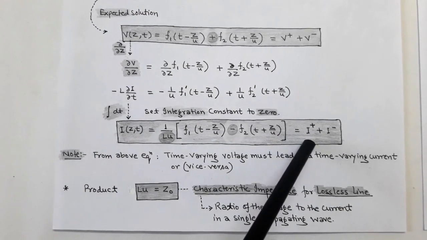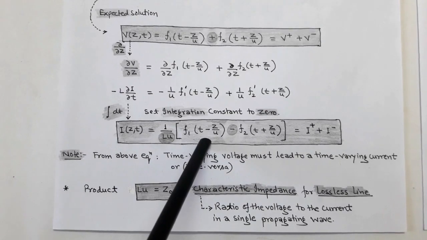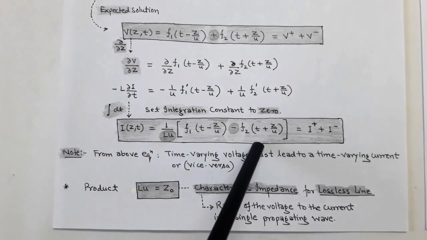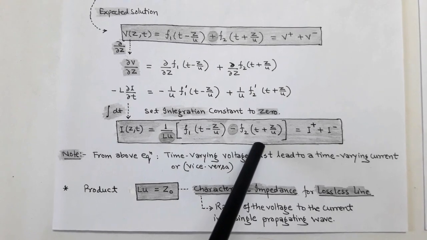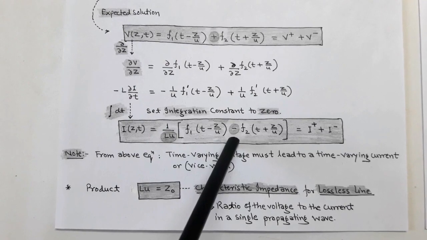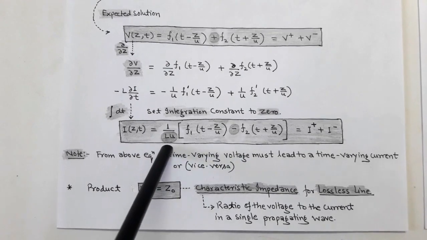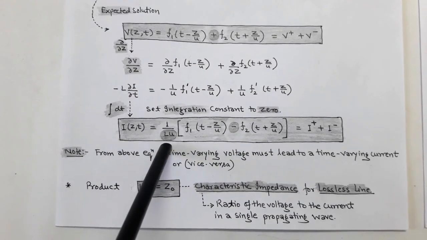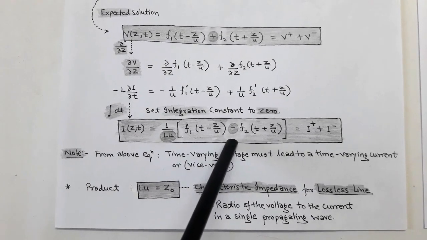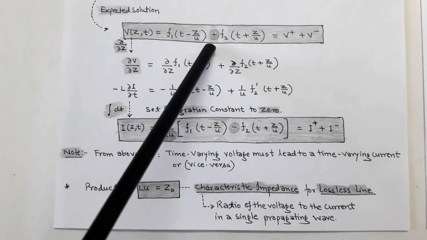The first term is the f1 function and the second term is the f2 function. The point to note is that there is a term 1 upon L u, and there is a minus sign between the two functions, that is, minus f2.